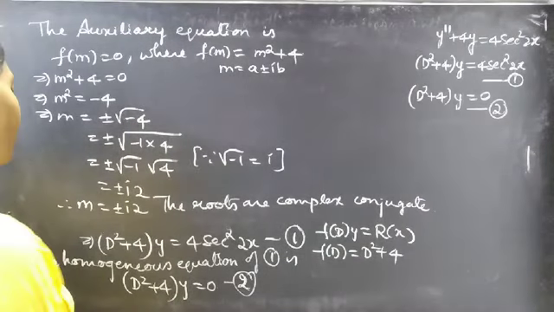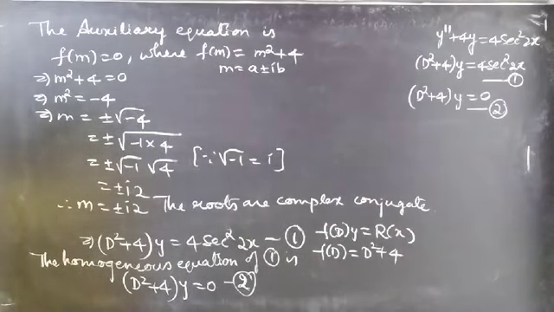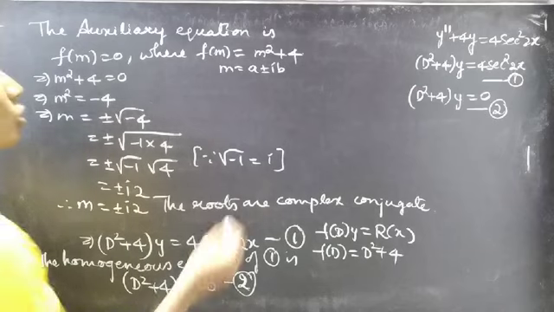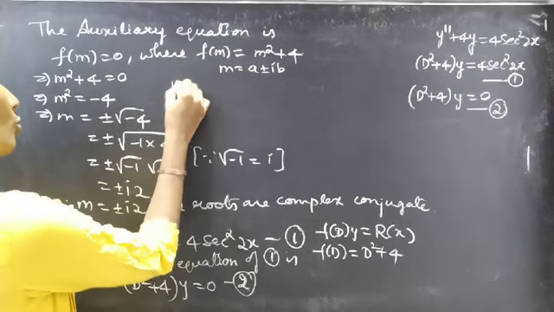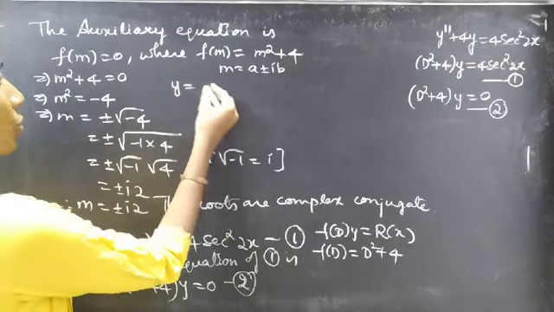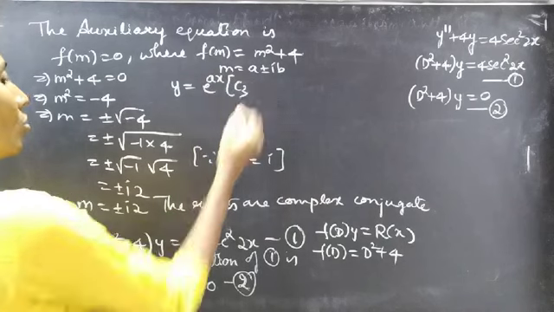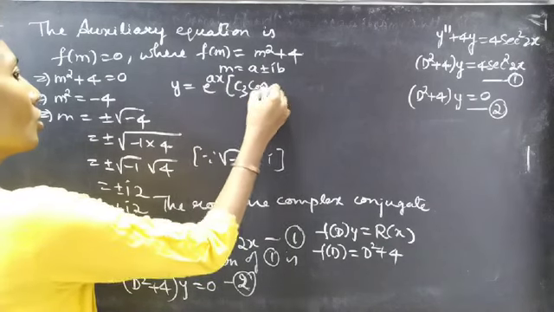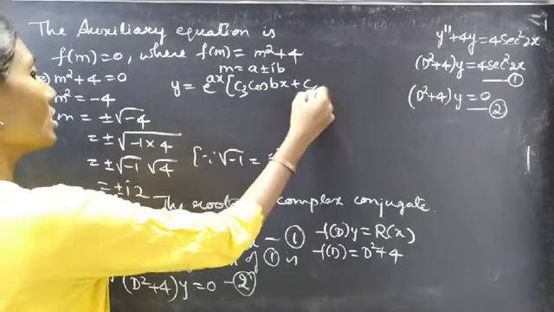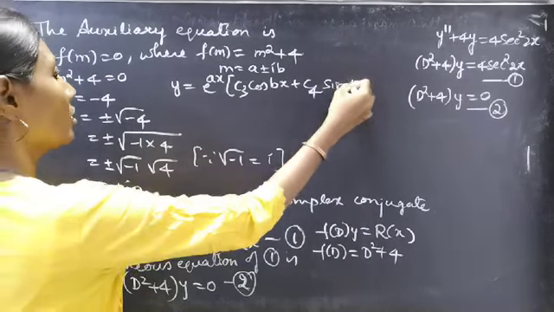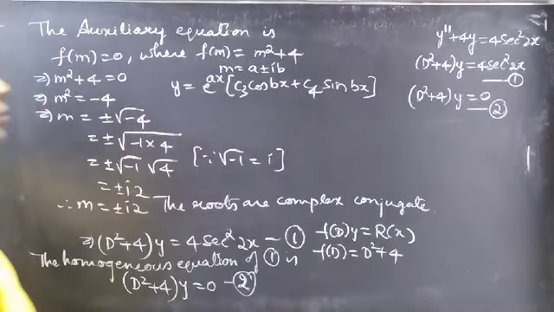Now coming to the solution of homogeneous equation. When m equal to a plus or minus ib, the solution of homogeneous equation will be y equal to e power ax into some constant into cos bx plus another constant into sin bx. Right?